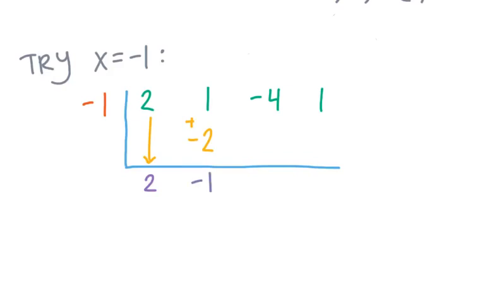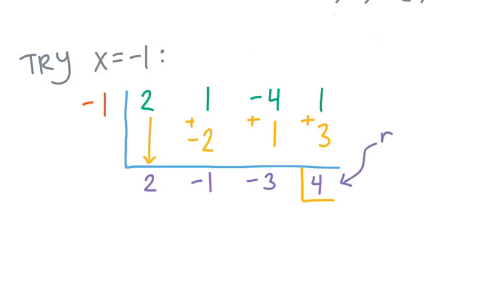I'll multiply that by the -1 out front to get +1. I'll add that in column 3 to get -3. I'll multiply it with the -1 out front to get +3. And when I add, that means my remainder turns out as 4.